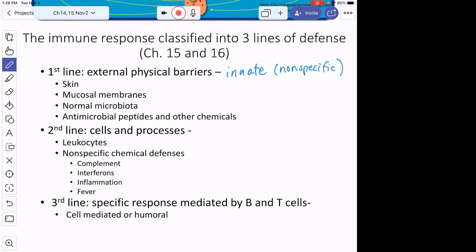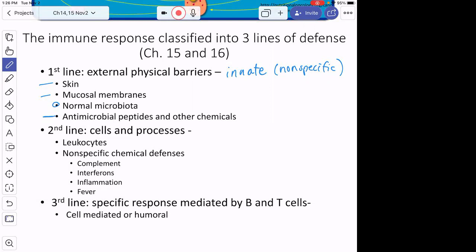So things like skin and other bodily processes that we don't necessarily consider part of our immune system actually have some immune function. So we're going to talk about that a little bit, some of our defenses in mucosal membranes and the role that our normal microbiota may play. We're just starting to learn about that. And just kind of briefly mention some other processes there.